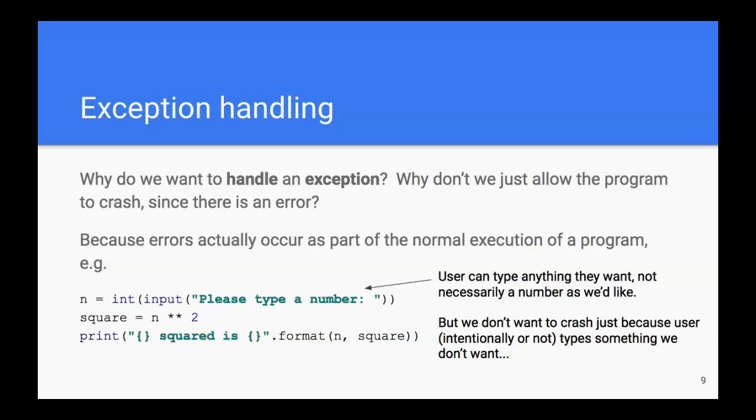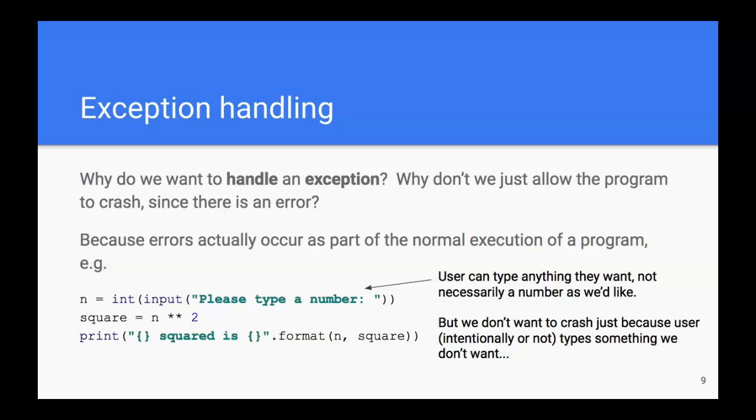Or didn't read your prompt carefully and just happened to type something that is non-digit. Or maybe the user is kind of evil. There are evil users, and they just want to screw up your program, want to crash your program. So they type in something that is not a number.